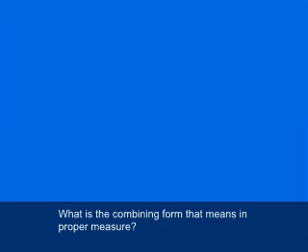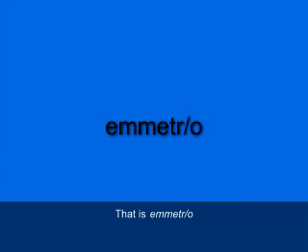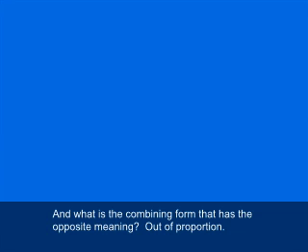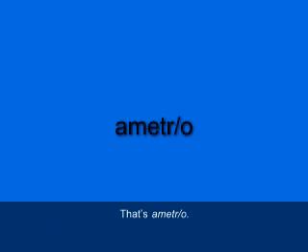And what is the combining form that means in proper measure? Well, that's emmetro, EMMETR/O. And what is the combining form that has the opposite meaning, out of proportion? That's ametro, AMETR/O.